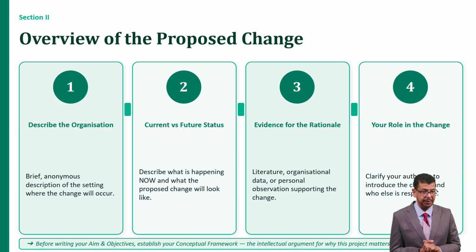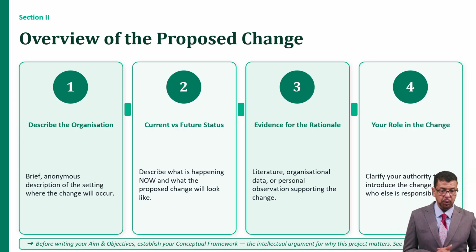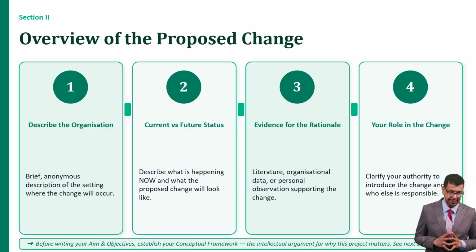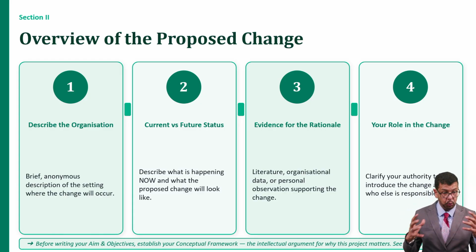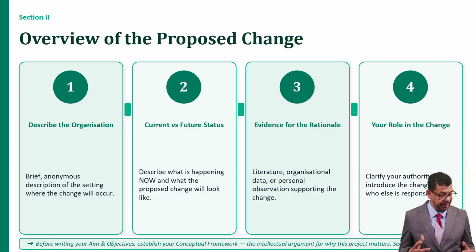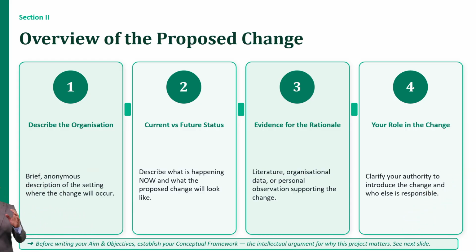You have to start the overview of the proposed change with describing your organization. And when you describe your organization, it is not required to write the name of your organization. So keep it anonymous. You have to describe the setting and where the change will occur.